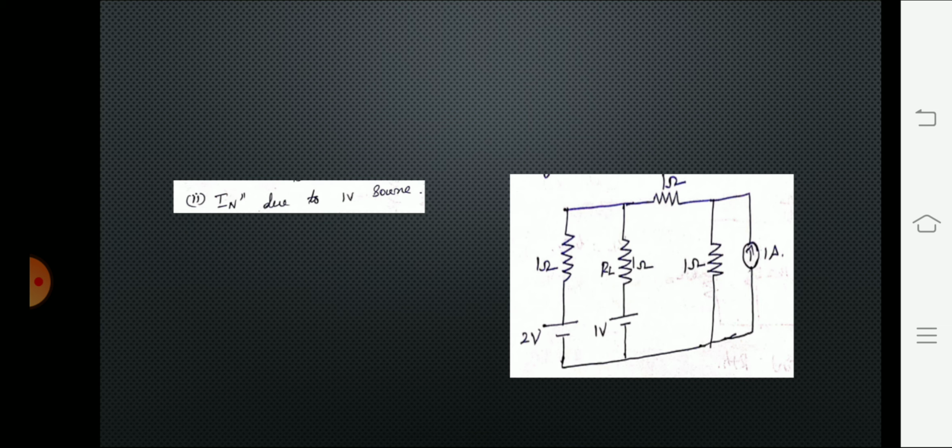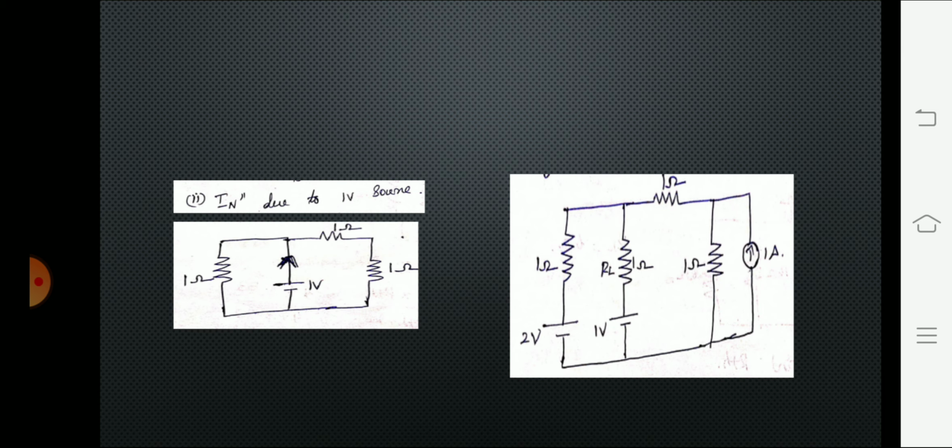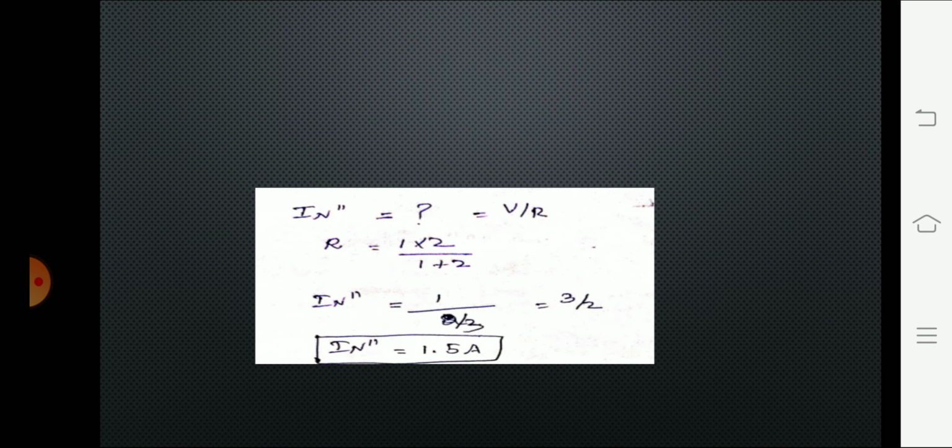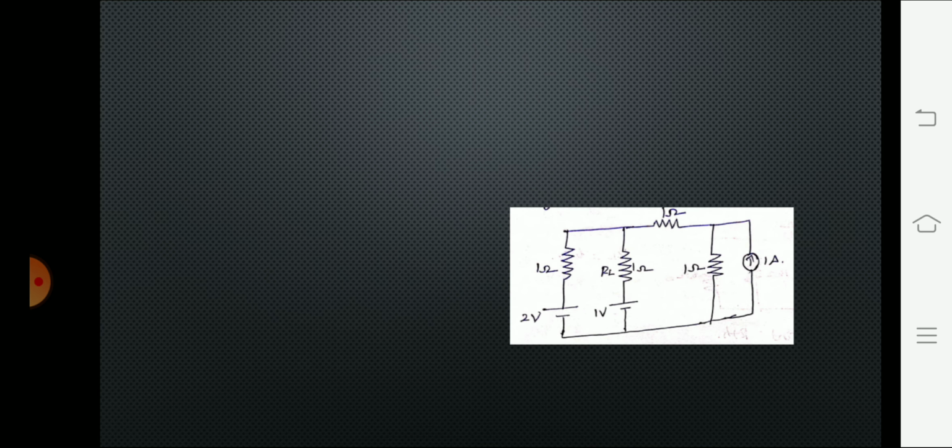Next we find the IN double dash due to the 1 volt source. So we rearrange the diagram like that. Here the current direction is reversed. We redraw the diagram like that. 1 ohm and 2 ohms are connected in parallel. So we get the R value and then we find the IN double dash value is 1.5 amps.